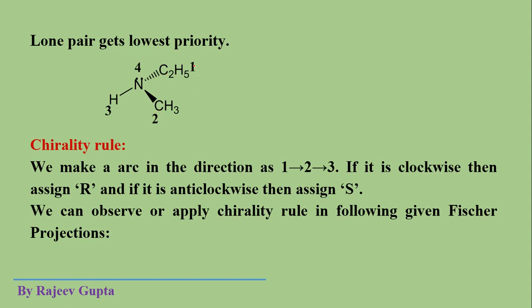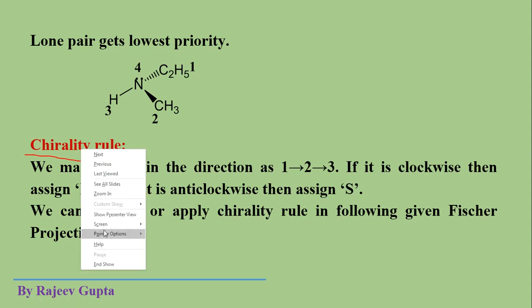Obviously C2H5 will get first priority, then the methyl group, then the hydrogen, and the last priority will be given to the lone pair. So the lone pair will get the lowest priority. So these are the CIP rules to give priority order to all four groups attached to the chiral center. Now we come to the chirality rule. What is the chirality rule?